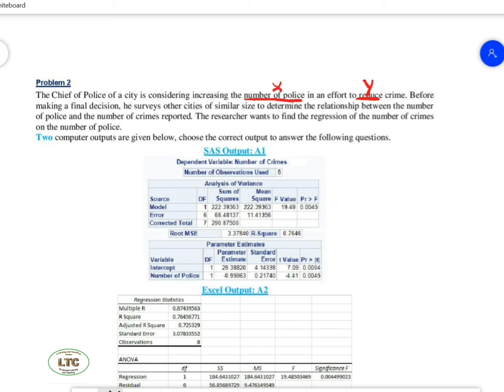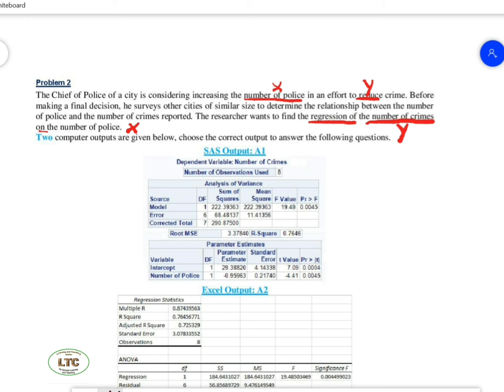The researcher wants to find the regression of the number of crimes on number of police. So in this phrase, crime is Y, on X, number of police. Two computer outputs are given below. Choose the correct output to answer the following questions.